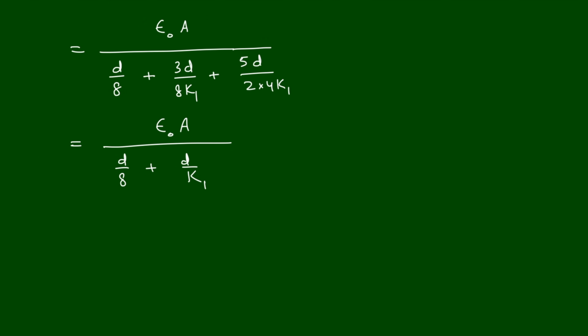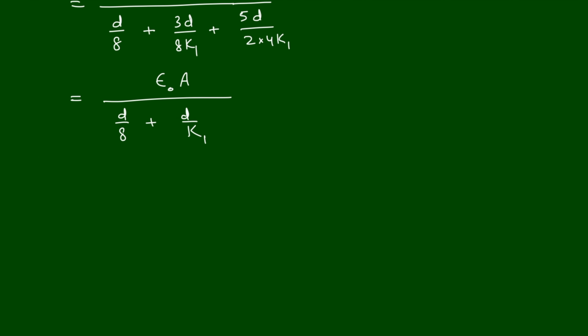Now one more thing, this is C final. So C final is equal to epsilon naught A by D, taking this D common, divided by 1 by 8 plus 1 by K1. Again it is given that the final capacitance is 2 times the initial capacitance.